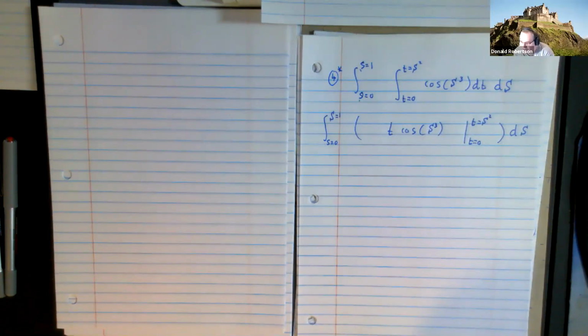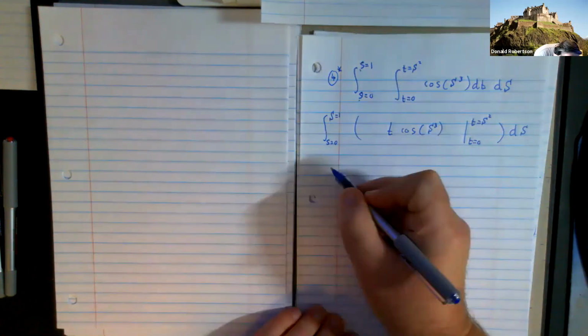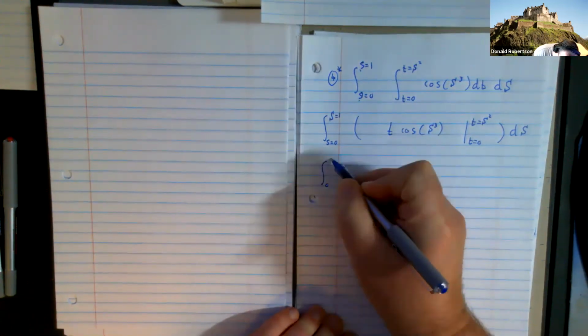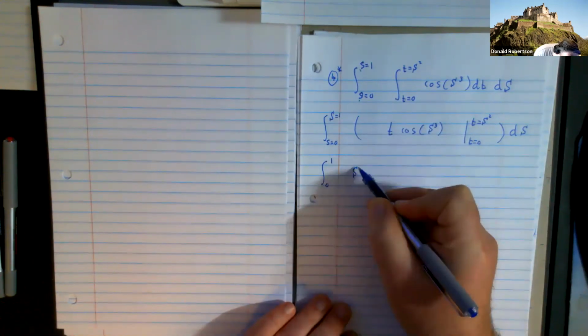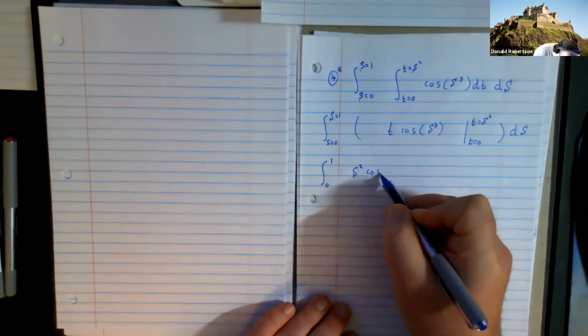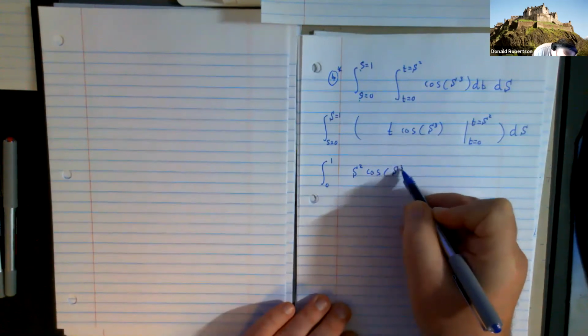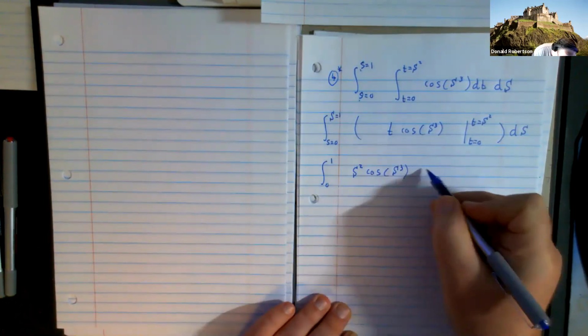Great. Just like having 5 gets you 5t. Isn't cosine of s cubed basically considered a constant if we're integrating with respect to t? Now, when we start plugging in our numbers, let's see what about our variables, I guess. We're going to get s squared cosine of s cubed, take away nothing.